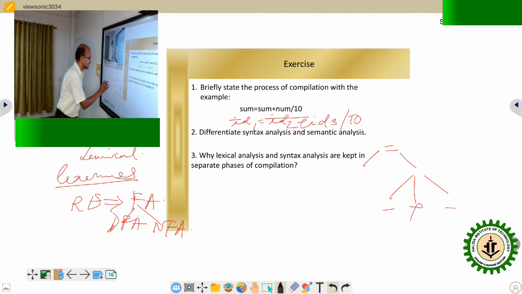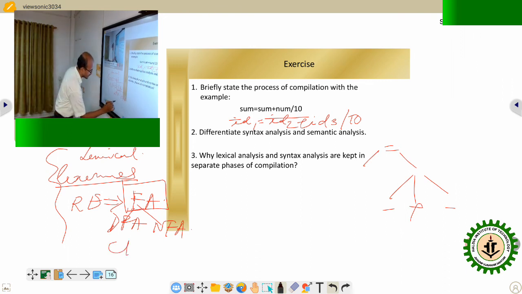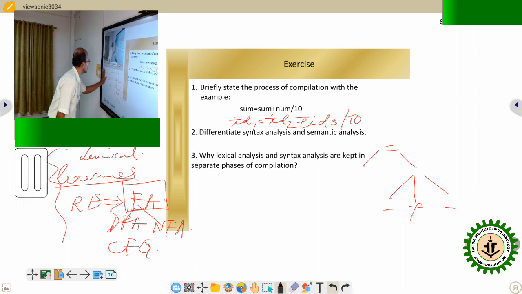On the contrary, the syntax analysis basically checks whether the grammar is followed in writing your program or not. We have already said that the context-free grammar plays a role in defining the rules of the grammar, meaning how one identifier could be written, or how the different types of operators could be used in writing arithmetic expressions.